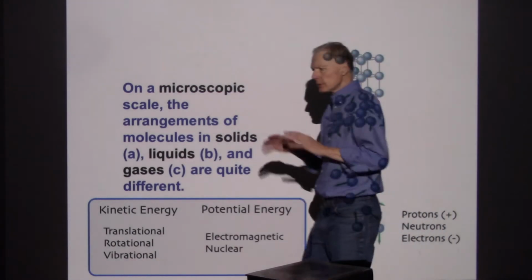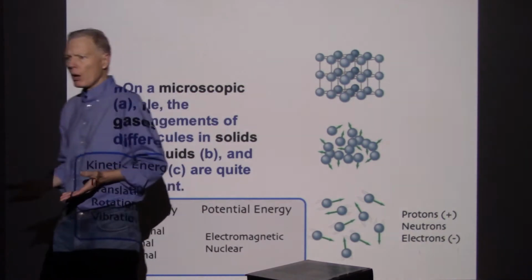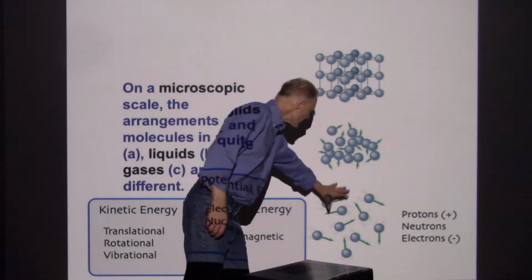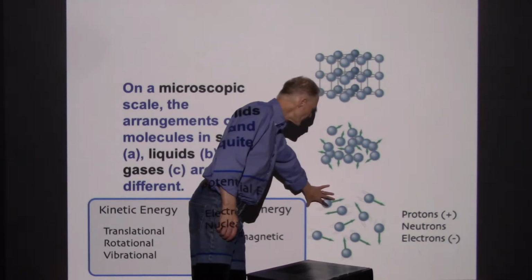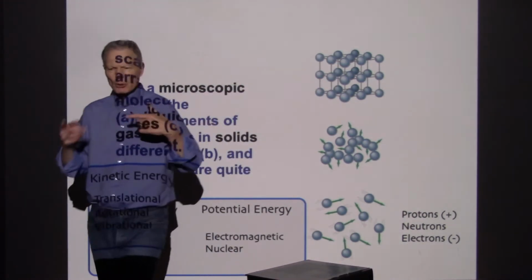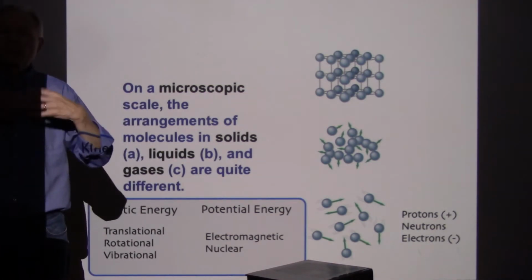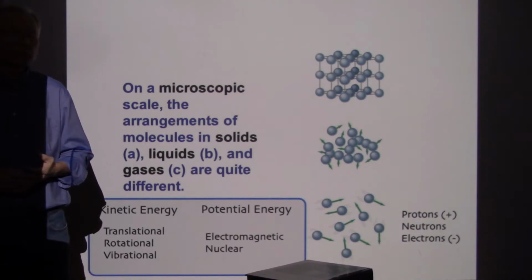But that doesn't completely take care of all the attractions and repulsions. Not only are the electrons being held to the nuclei, but there's this leftover effect where molecules will clump together because of those residual attractive forces.